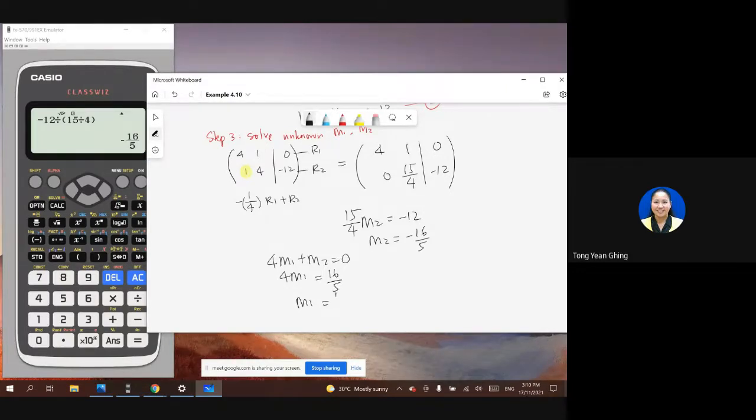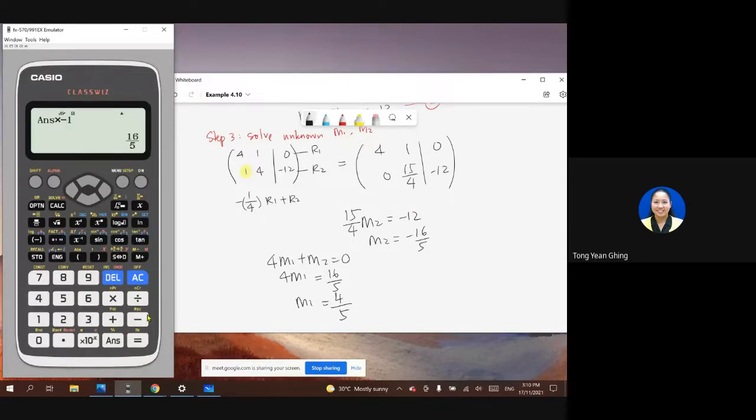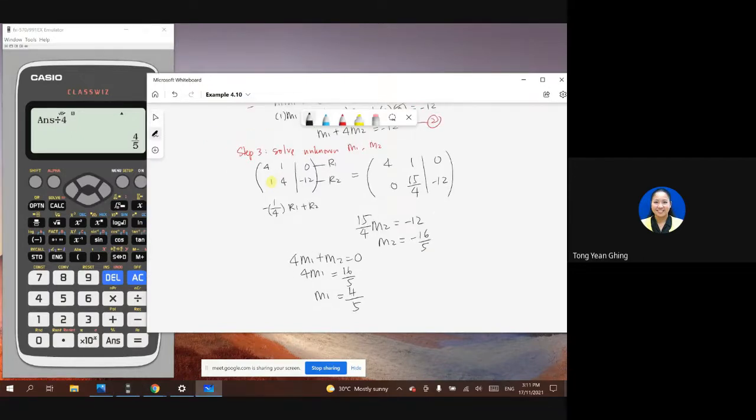No, let me check the book. Multiply by negative 1 first, then divide by 4, so it's 4/5. Now we already have M1 and M2. Because M0 is 0 and M3 is 0, M1 is 4/5 and M2 is negative 16/5. So the next step, we can do the cubic spline polynomial already.